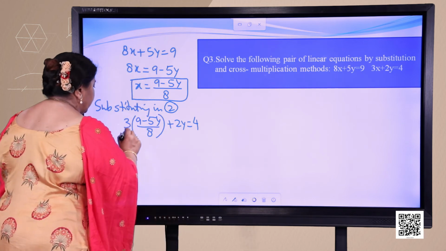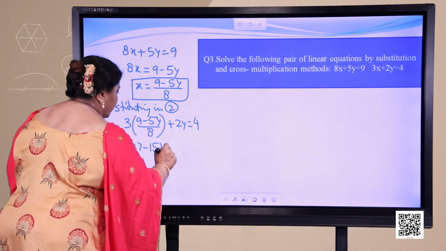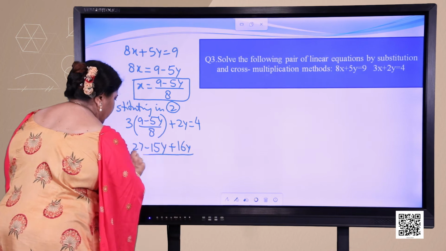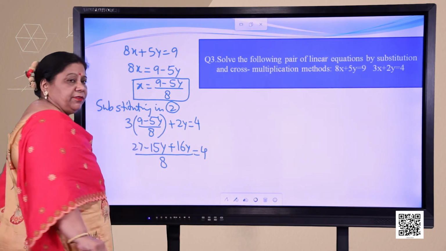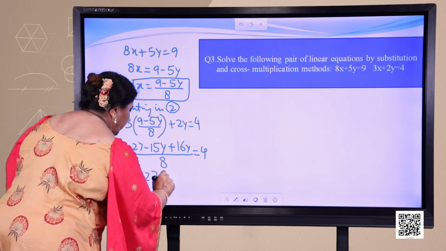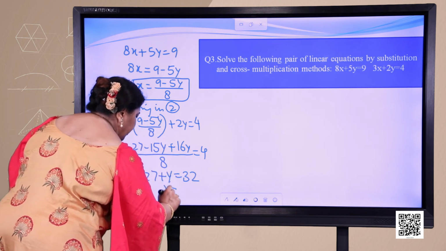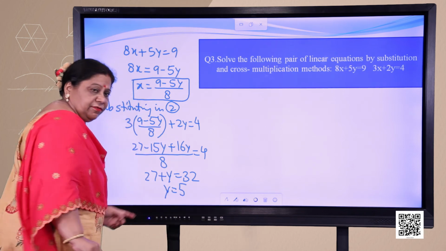So, 9 3s are 27 minus 15y plus 8 2s are 16 and LCM becomes 8 is equal to 4. What is 16y minus 15y? It is 27 plus y is equal to 8 4s are 32. So, y is 32 minus 27, y is 5.